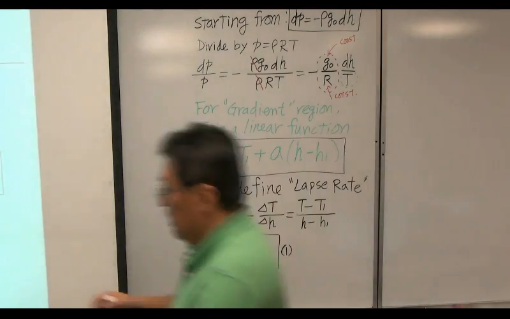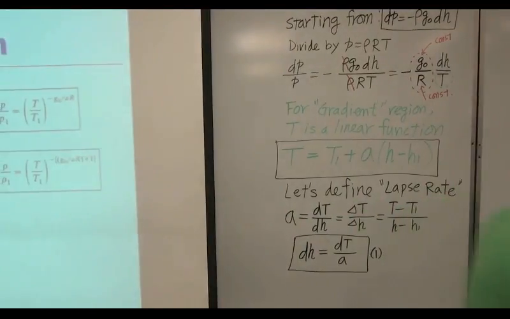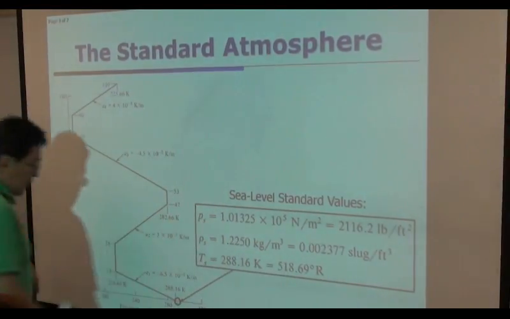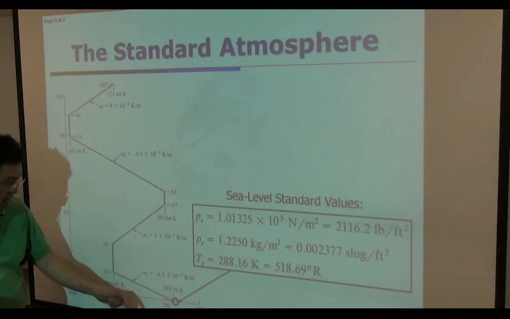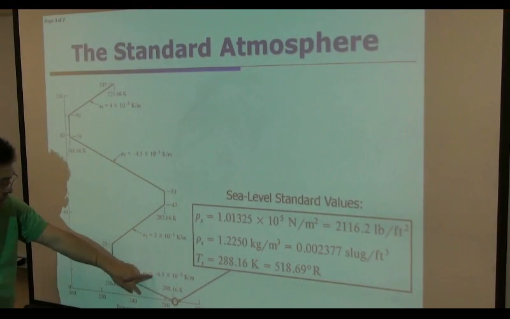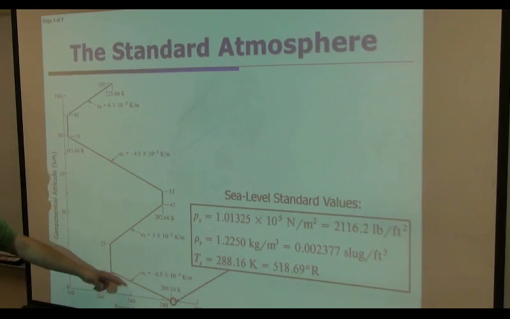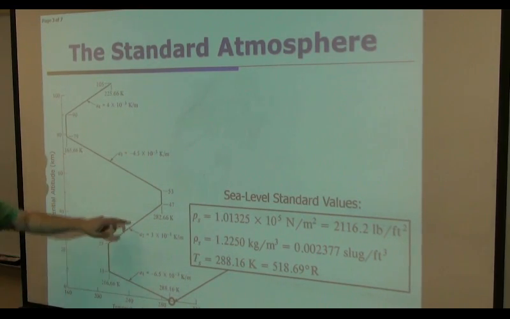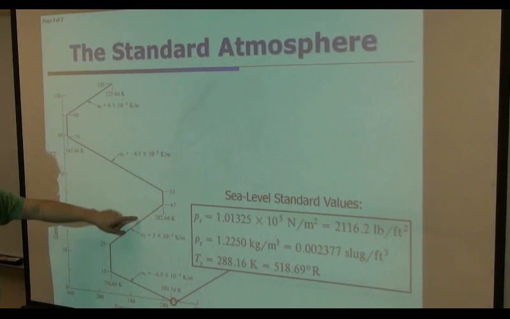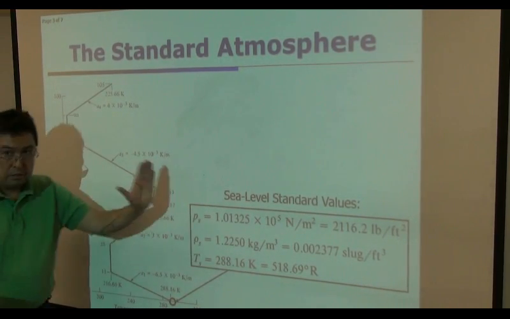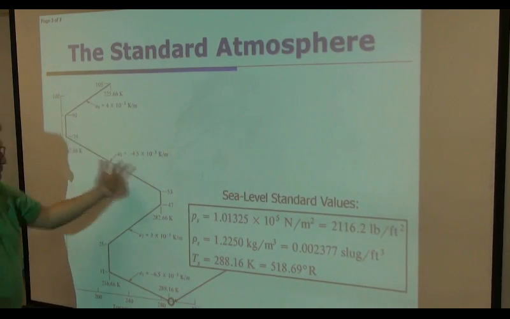Let's go back once again to the previous page. It looks like the lapse rate for the first gradient region is some kind of minus value. That means the temperature decreases as you increase the altitude. This one is a positive value, right? So in the second gradient region, if you increase the altitude, the temperature increases. This one is minus, again the same here.